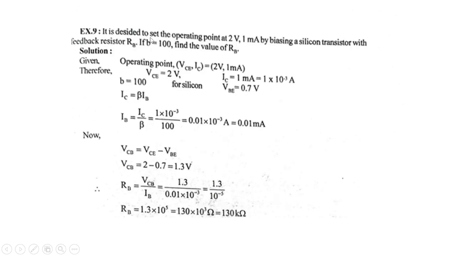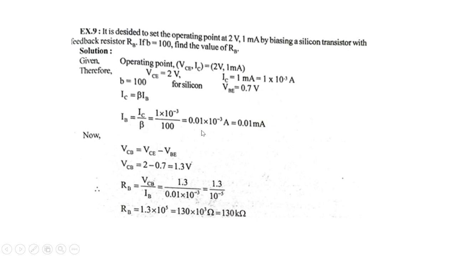It is decided to set the operating point at 2 volt 1 milliampere by biasing a silicon transistor with feedback resistor RB. If beta equal to 100, find the value of RB. So given quantities are operating point VCE and IC equal to 2 volt 1 milliampere. So here IB equal to IC upon beta.